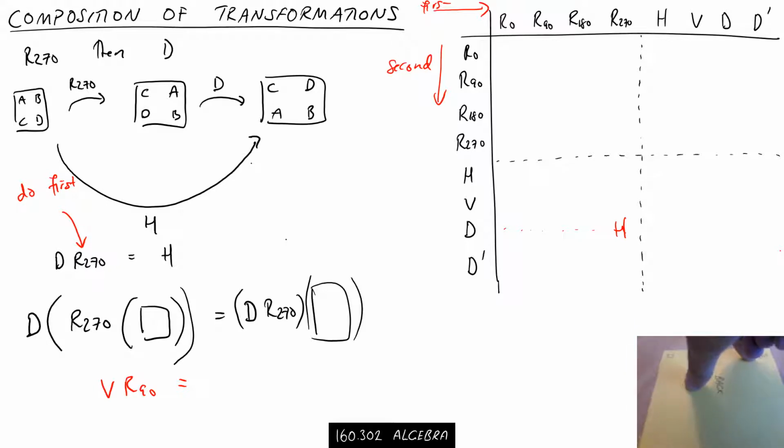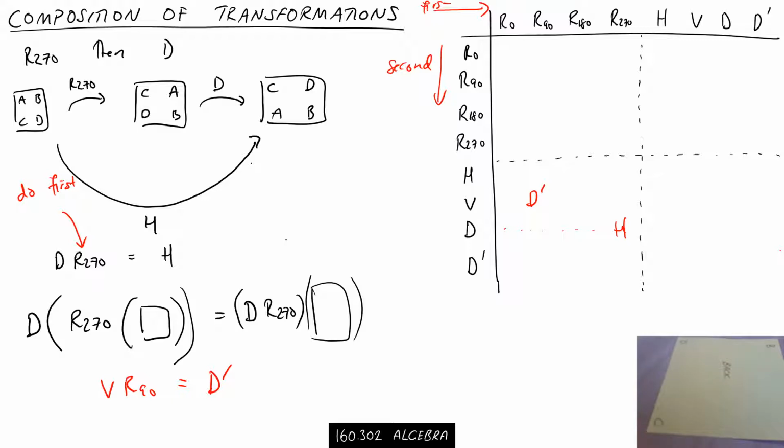And this gives us that V times R90 gives us the configuration A, B, C, D, which is the same as we would have got if we had just flipped this along this axis along here, which is our D prime. Okay, so V times R90 is equal to D prime. Again, we do the one on the right first, so R90 first, then V. That gives us overall D prime. So we'll go to our table and fill in V times R90. That gives us D prime.